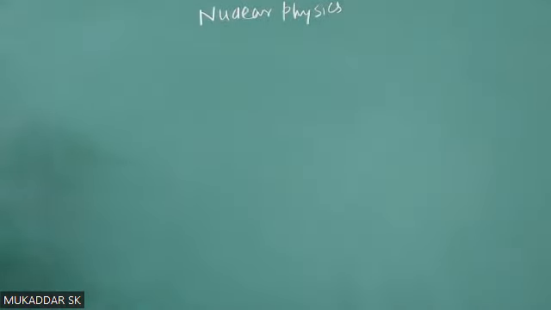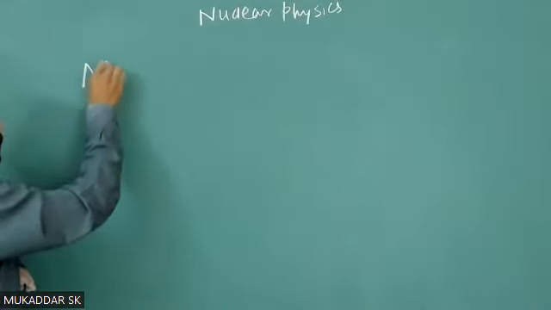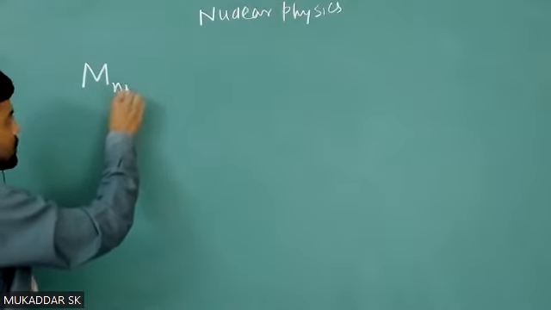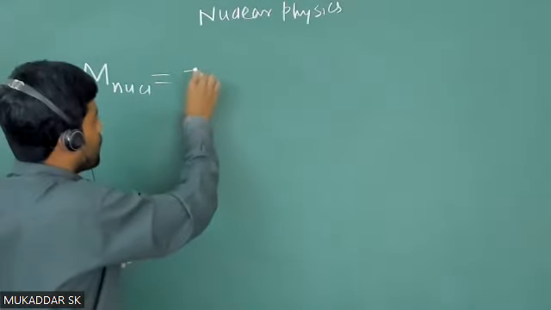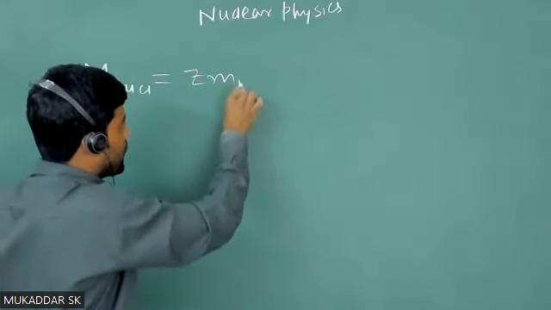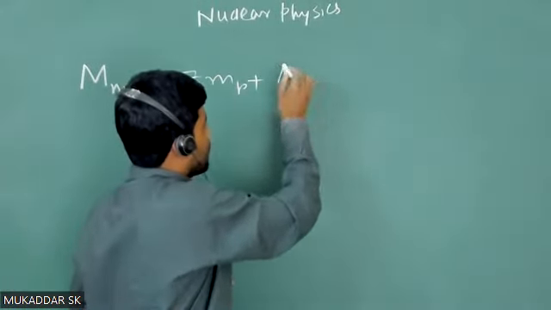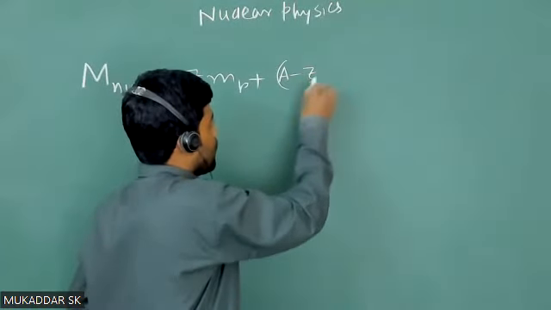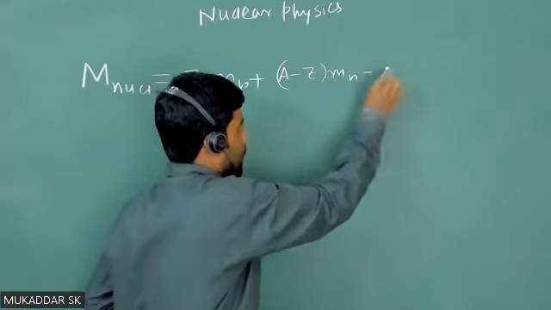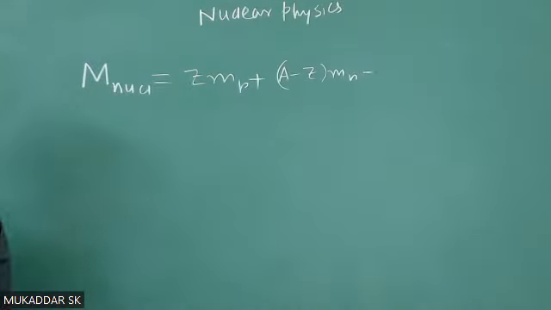According to the liquid drop model, I can write the mass of a nucleus, and this is called the semi-empirical mass formula. The mass of a nucleus, M_nucl, will be predicted as Z times M_p plus N times M_n, minus binding energy per c squared, right?